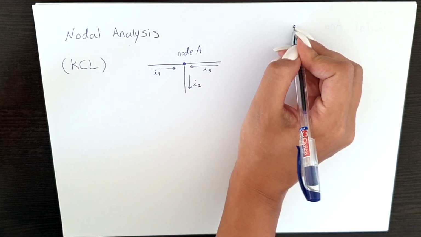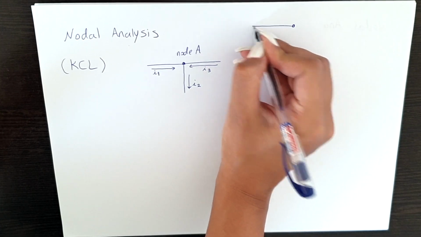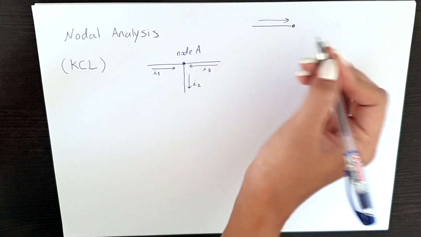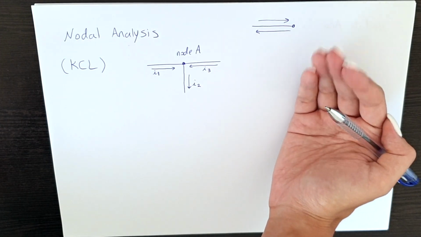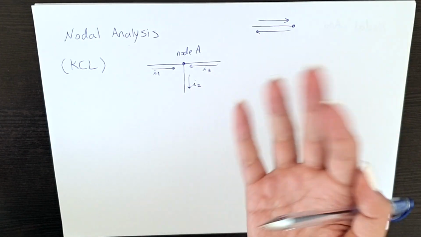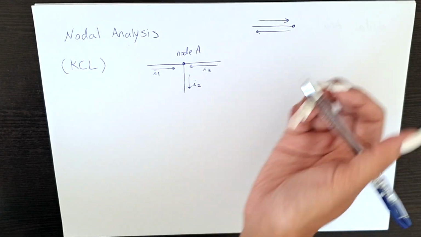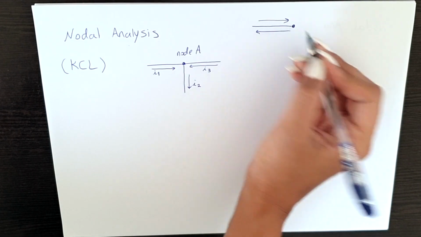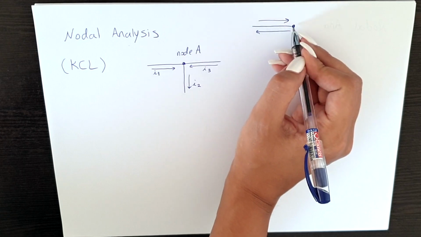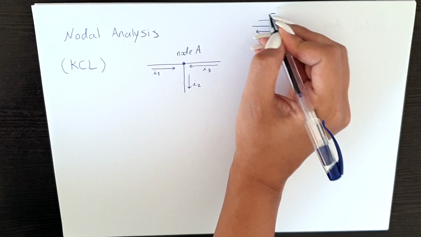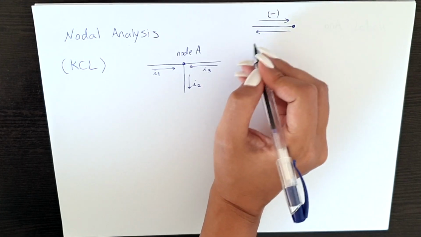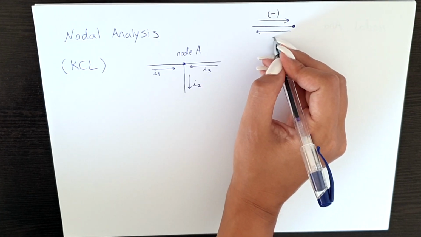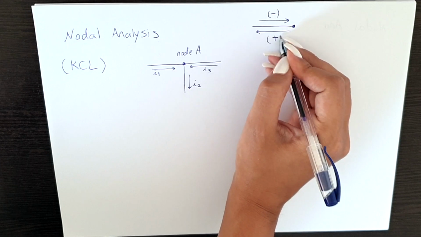When we have a node and there is a current going to it or coming out of it, we need to consider a minus or a plus, so we can make it easier for ourselves and solve our equations. So I say that if a current is going to a node, I'm going to call it negative that current. And if it's coming out of that node, I'm going to call it plus that current.